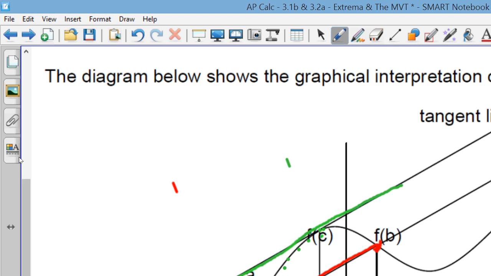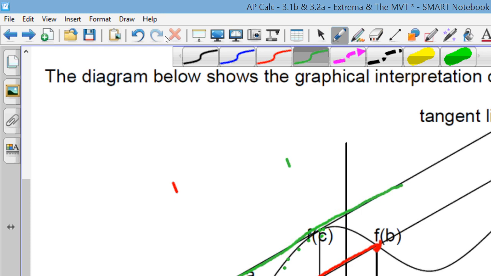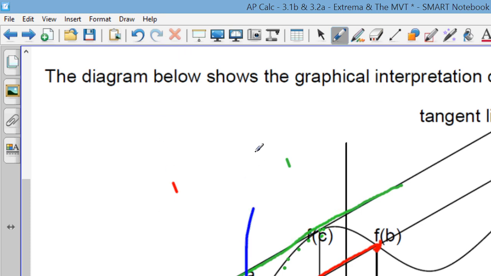If you have a continuous and differentiable function, a polynomial is always going to be continuous and differentiable, then there must be some place, I don't know where, but there must be some place in between that interval, in between this x value and this x value, these two blue lines, A and B, where the slope is exactly the same as the slope between those 2 points.